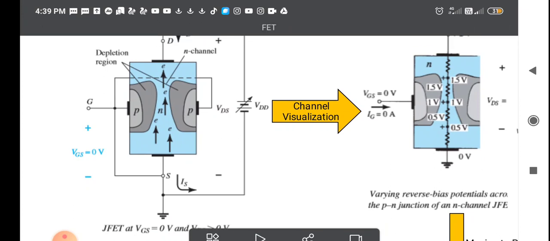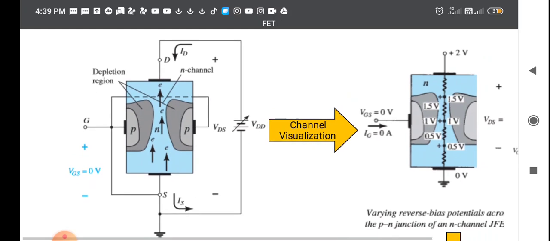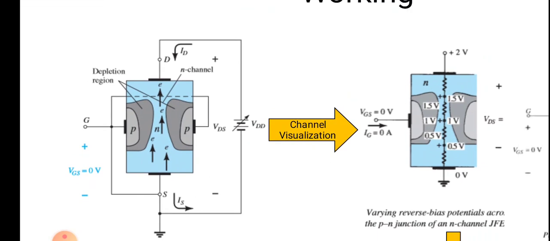Whereas drain and source are connected with the help of a battery called VDD. Since the channel is heavily doped and contains free electrons, the moment this potential difference VDD is applied across the channel, there will be a flow of current.